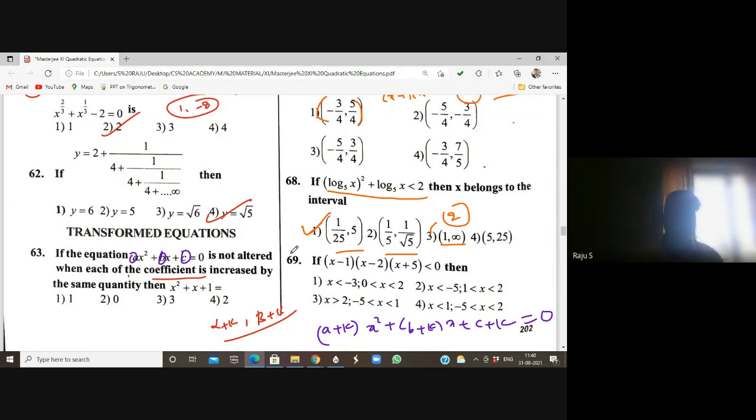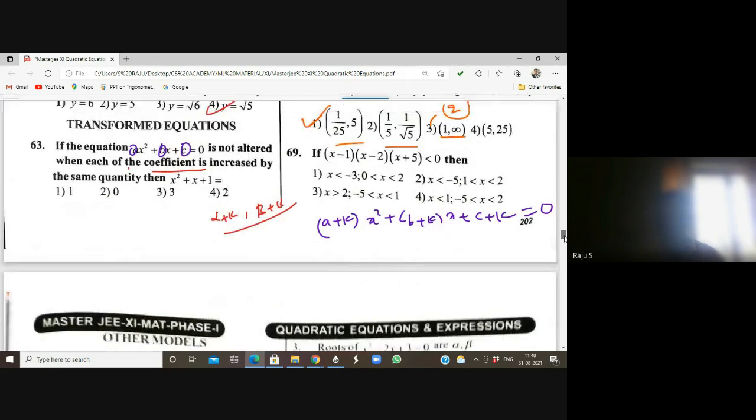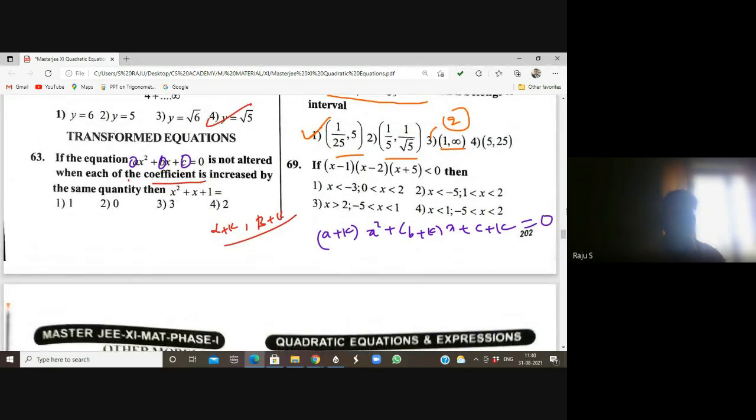Okay, students, then what is x square plus x plus 1? When I increase that, I want to find the a, b, c values. When I increase by the same quantity, remember students, their difference should not be changed.